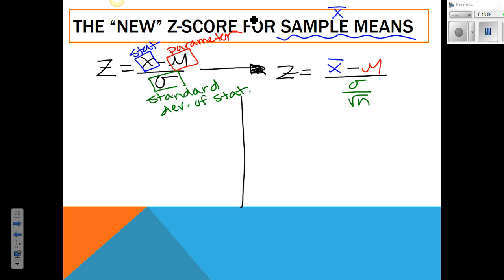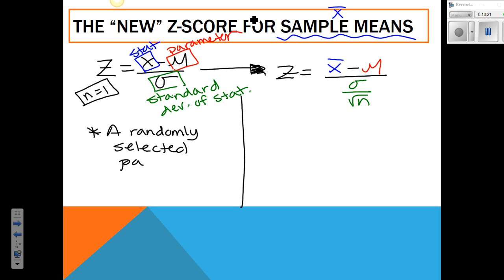So when do you use which? This first one is going to be when you have n equals 1. So it'll say like a randomly selected patient or something like that. Notice that's a single thing. Like what's the probability that a randomly selected patient has more than 1?